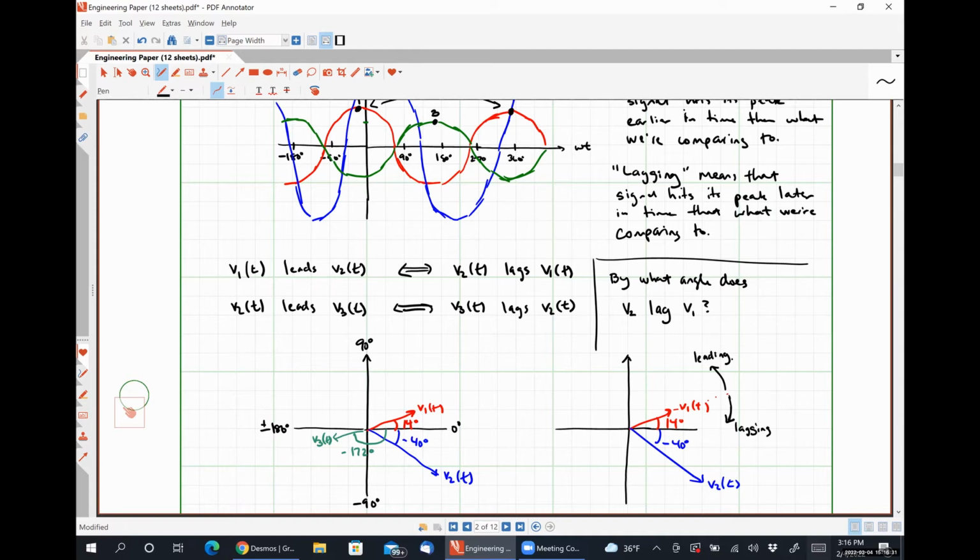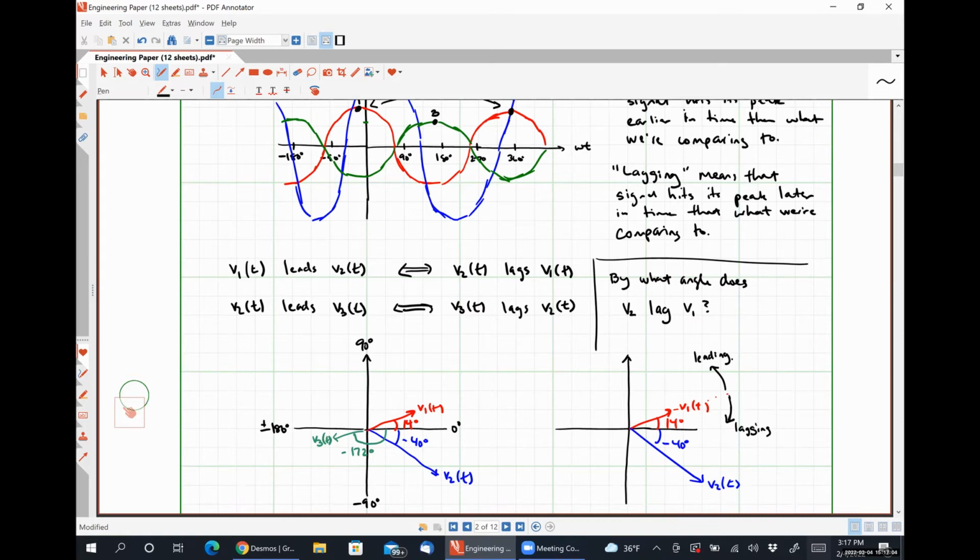Effectively, lagging is clockwise, because as the angle gets more and more negative, we're looking for something that's occurring later and later in time with respect to our reference. Leading is measured counterclockwise, because as the angle gets more and more positive, we're looking for something that is occurring earlier in time with respect to our reference.